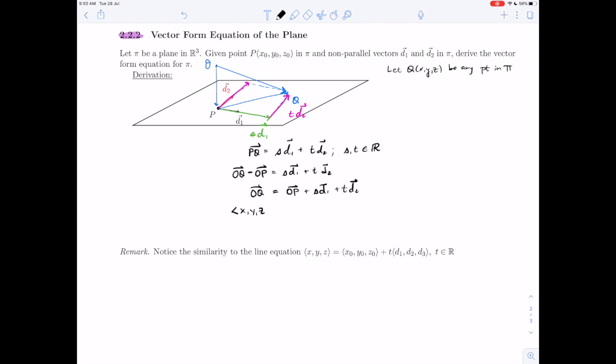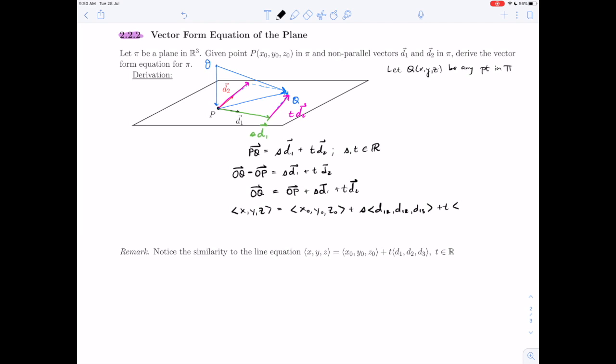So any (x, y, z) in the plane can be expressed in terms of the known point and two vectors parallel or in the plane. So d1 has components d1,1, d1,2, d1,3, and vector d2.